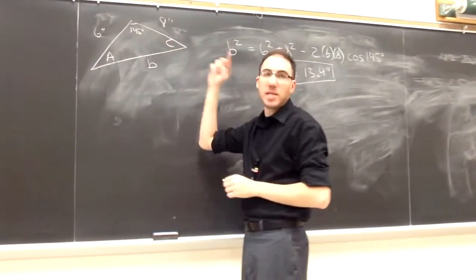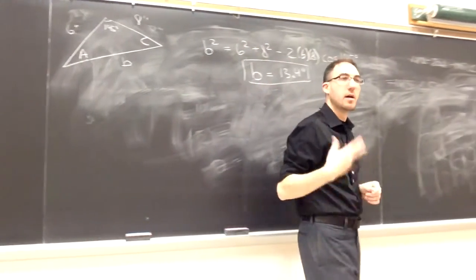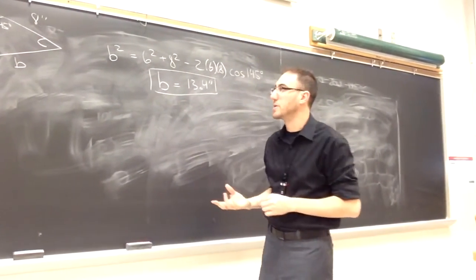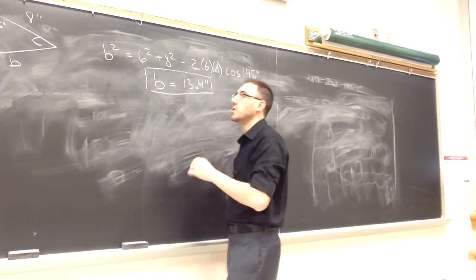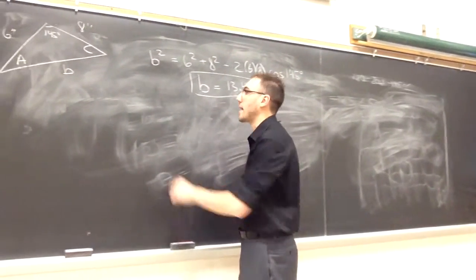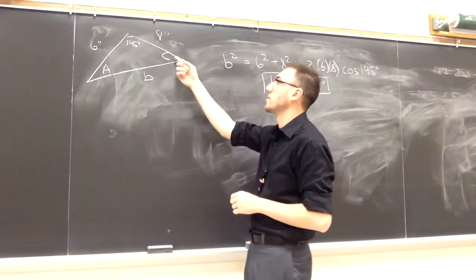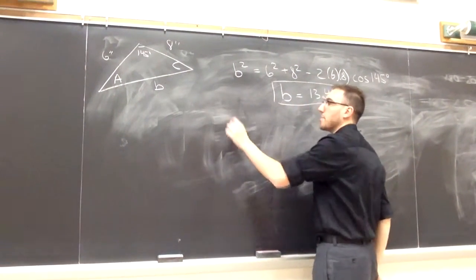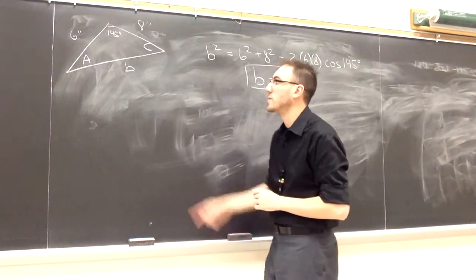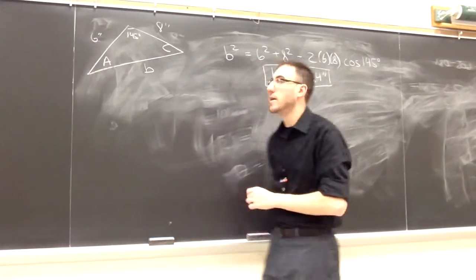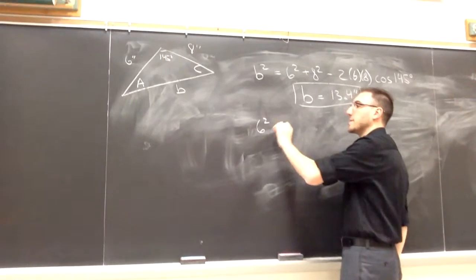Now I would say at this point, if we want to find angle C, law of cosines would be good to use as our second step, because now we know the value of B. So let's just say we want to find angle C next. So we can set it up. The only way that angle C is going to be in our law of cosines is if 6 is our left-hand side, the way that it's set up here.